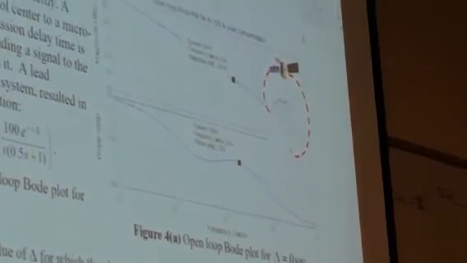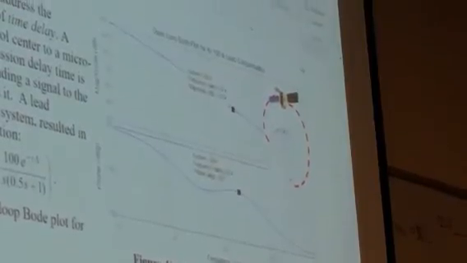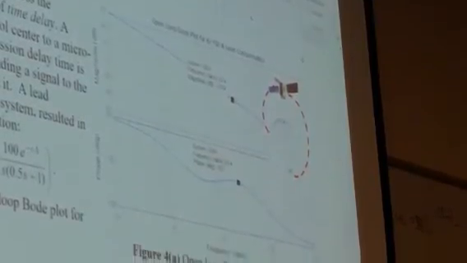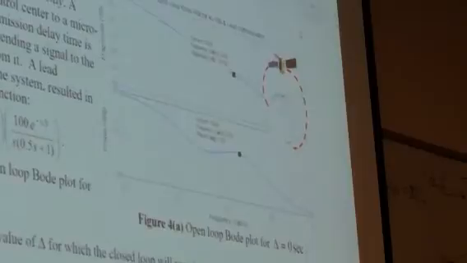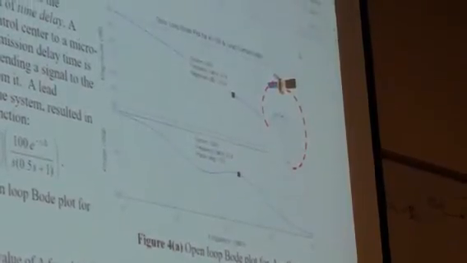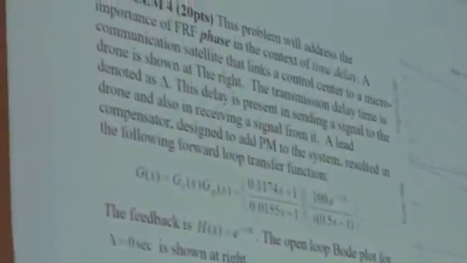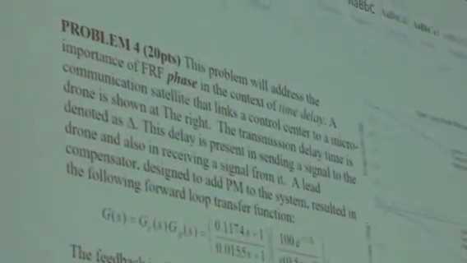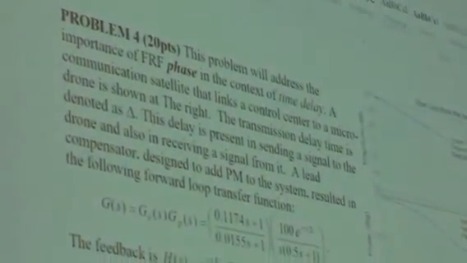So, a communication satellite that links a controller center to a micro drone is shown at the right. Transmission delay time is delta. The delay is present in sending a signal to the drone. That delay is also present in receiving a signal from the drone. So how much delay do you have in your open loop?